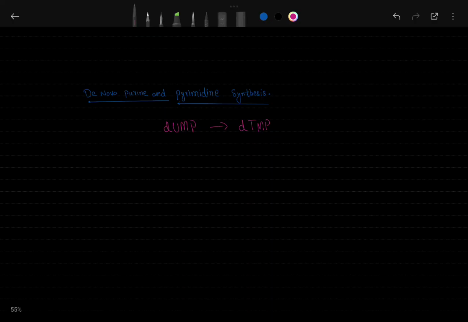That donor is N5,N10-methylene THF, a form of folate.